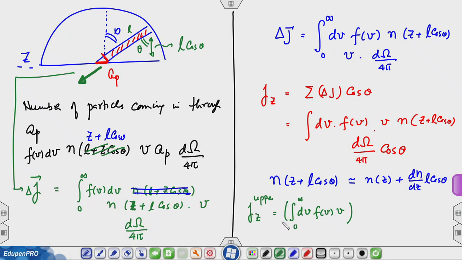This I can write separately, n(z) d omega over 4 pi times cosine of theta over this half sphere, plus the second term. So let's do that on the next page. I should also, since I'm taking it coming down, put a minus sign somewhere. So let's make this minus.